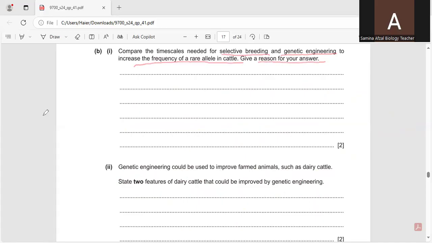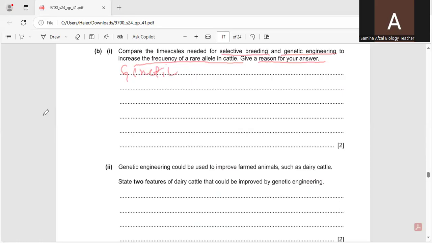So genetic engineering, or genetic modification, is a very fast process, whereas selective breeding takes generations for this process. First of all, they have to select the organisms which are required.